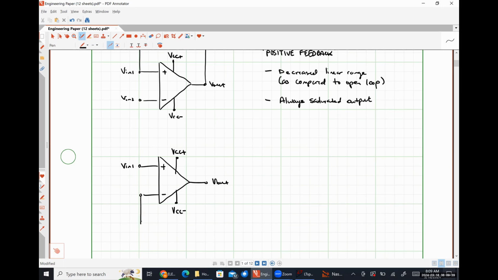And in a negative feedback amplifier, our feedback loop is on the inverting side of the amplifier. So there is some conduction path between the output terminal and the inverting input terminal.